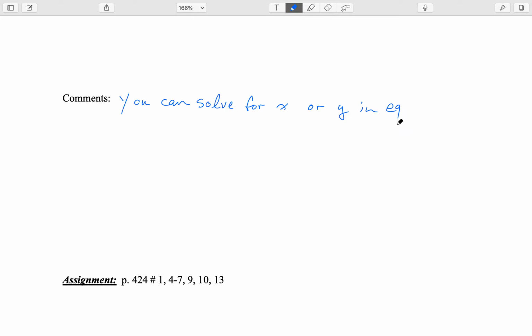But think about what's going to be easiest. Look for possibilities where the coefficient is 1, because that way you don't have to divide and there are no fractions. Sometimes you can't avoid the fractions no matter what, but if you can, avoid them.